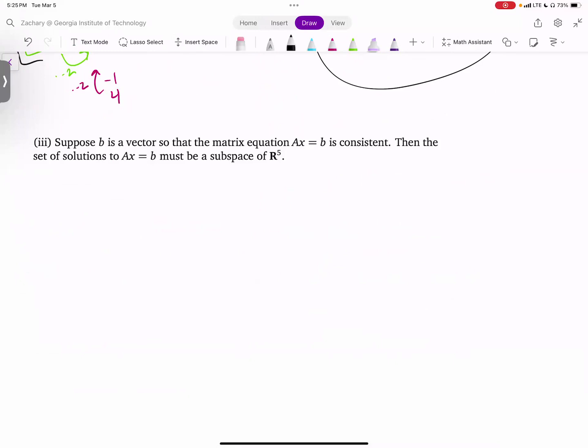Okay. So this one says, suppose V is a vector such that the following is consistent. Then the set of solutions must be a subspace. So I think you need the information from above, like in the previous parts. Yeah, I don't think you actually do, but I'll add it in as well.